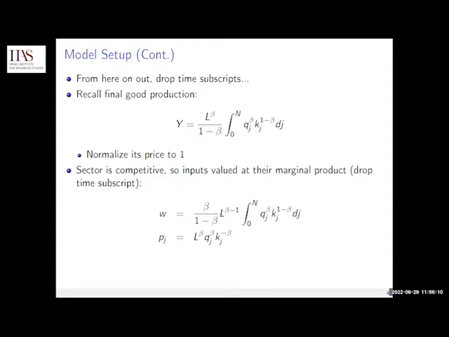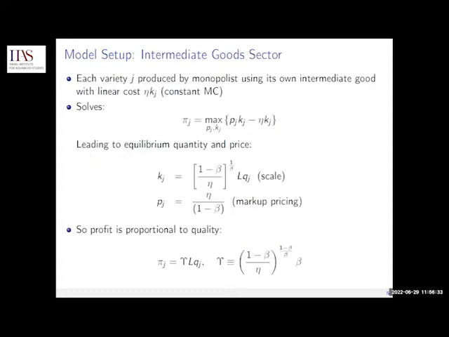The price for labor is going to be paid its marginal product. And since the intermediate goods are used in production here, the price of the intermediate goods are also going to be set at their marginal product for the final good.